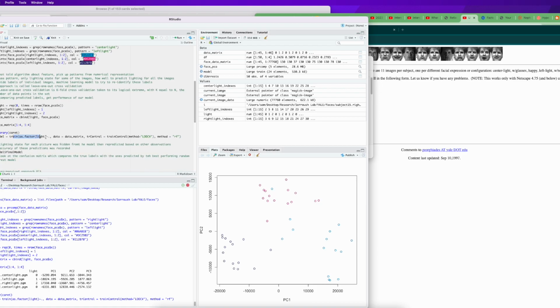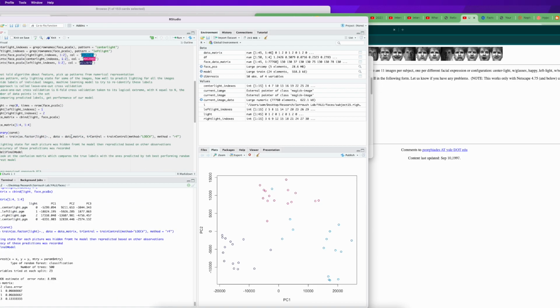Right now it's training a model, and it's using leave-one-out cross-validation, which is a k-fold cross-validation that makes a test and train data set and then tries to evaluate how good our model is.